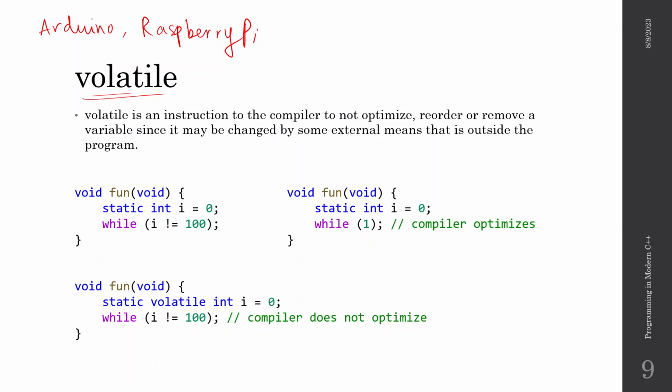So the volatile keyword instructs the compiler not to optimize, reorder or remove a variable. Ordinarily what happens is that the compiler tries to optimize your code. If you have written some useless things, let us say that you have declared a variable in your program, but you have not used the variable anywhere.